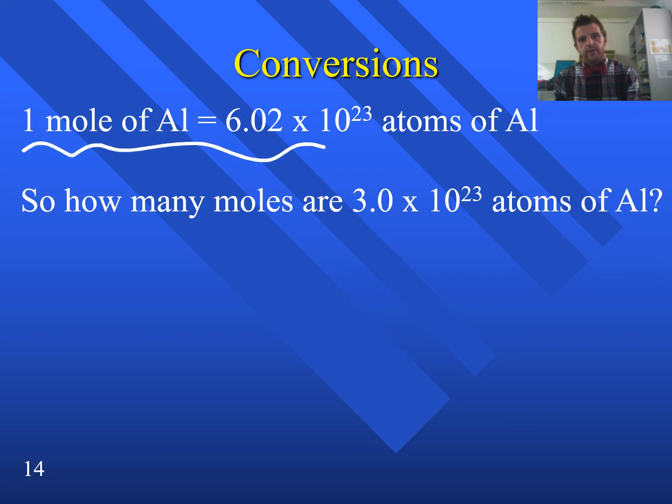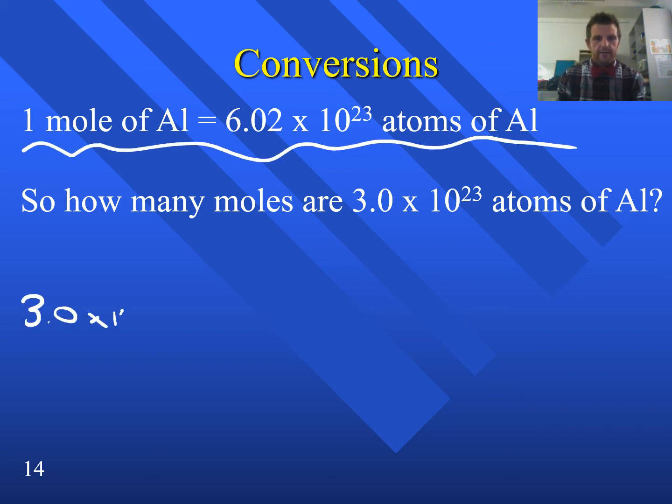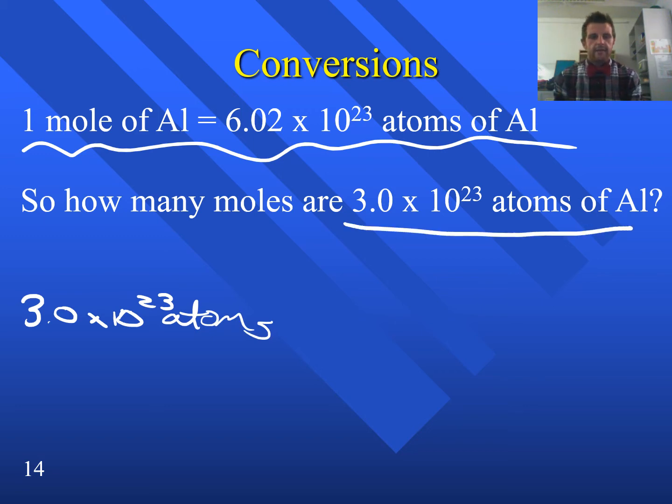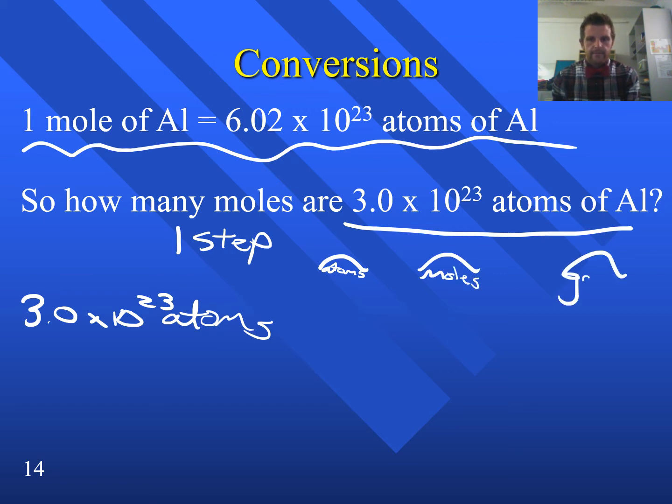Same thing, but we're just going to go backwards. So now I know I have 3.0 times 10 to the 23 atoms of Al. That's my given. Atoms to moles is a one-step problem. And that's just because we have atoms, moles, grams.